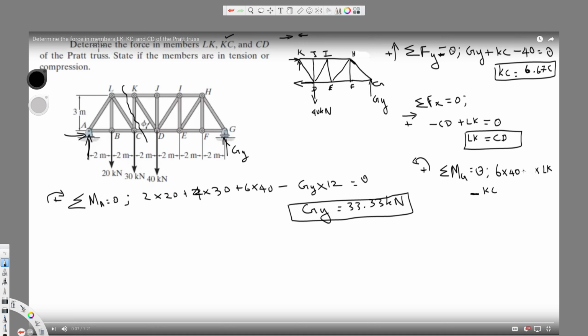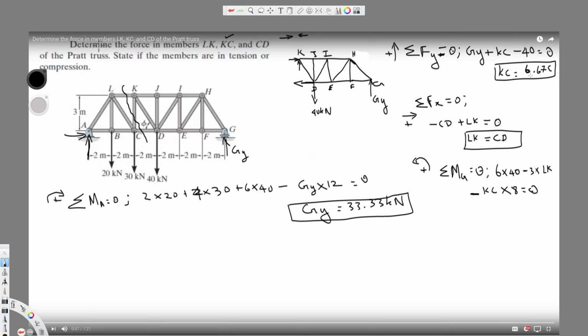KC is a vertical force, so we have to multiply by 8 because that's the horizontal distance, 2 meters from 6 to 8, right? Those are all the forces we have. We took all three, and this is equal to 0.